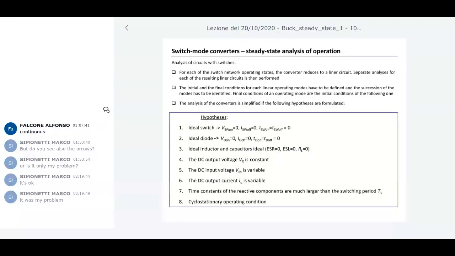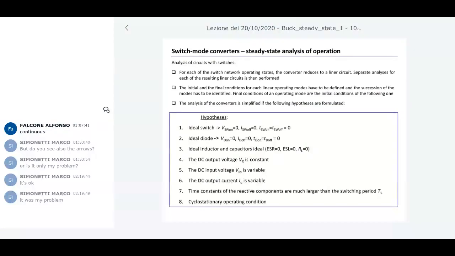You can have a linear analysis for one situation and a linear analysis for another. Of course, the two situations should be made to be continuous. You have to understand the final condition for one situation, because the final condition for one situation is the initial condition for the successive situation. This is very important.